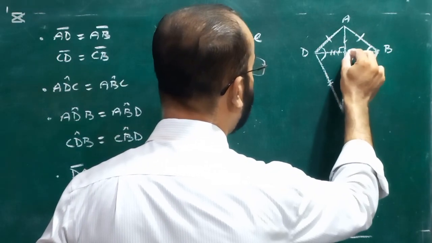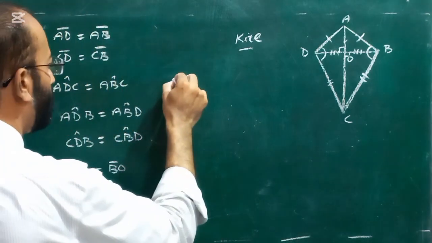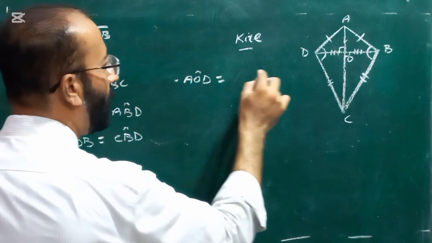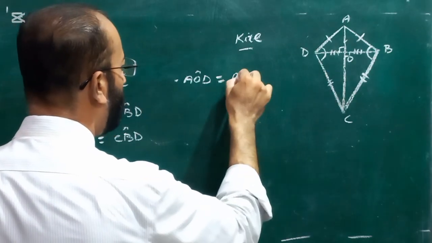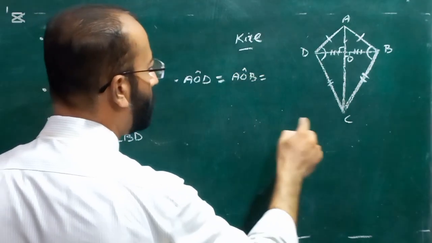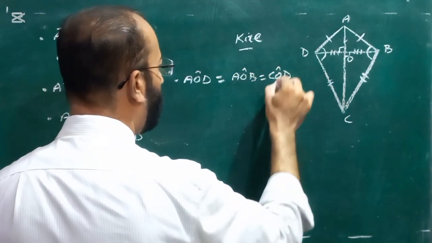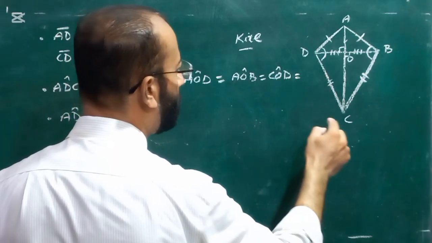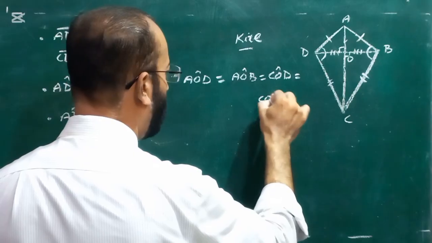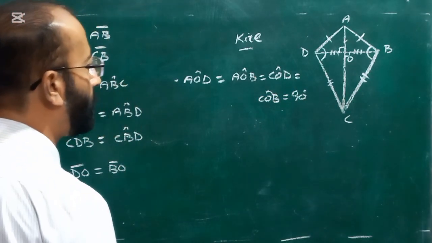So here will be 90 degrees. So it means AOD equal to AOB equal to COD equal to COB. All angles are of 90 degrees.